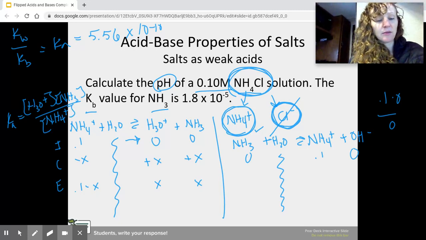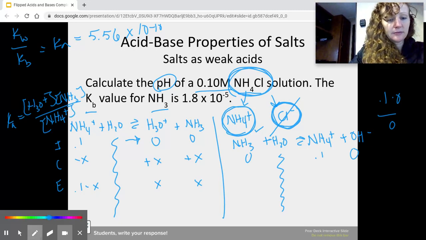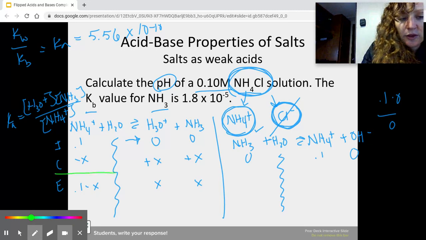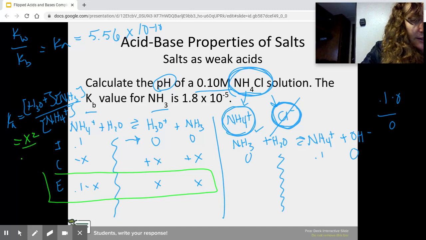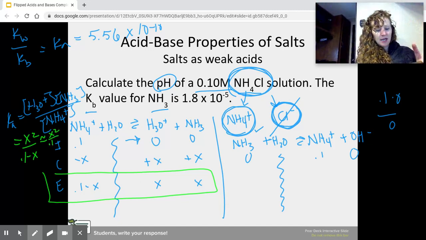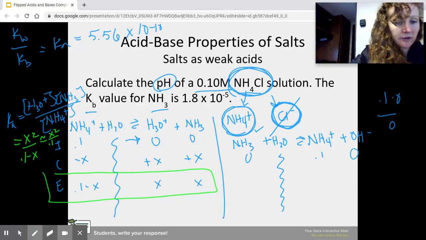Okay, if I take my equilibrium positions and plug them into my K equation, I get this. I'm going to ignore X's that are added or subtracted. Okay, so I take my Ka times 0.1. I need the square root of that.